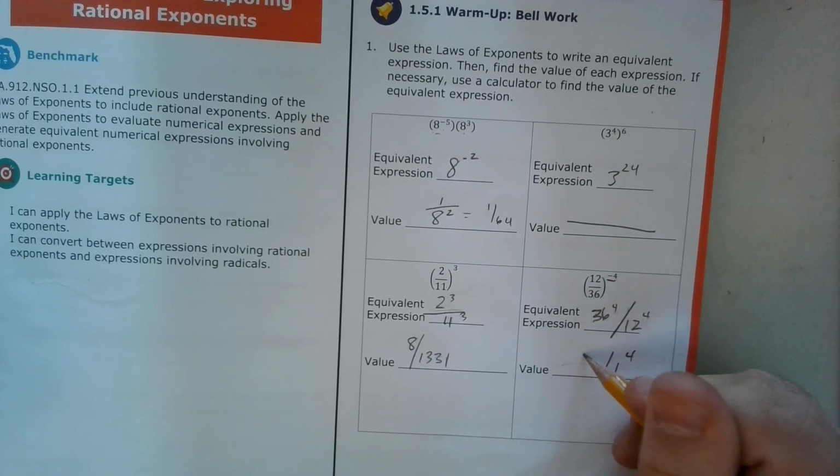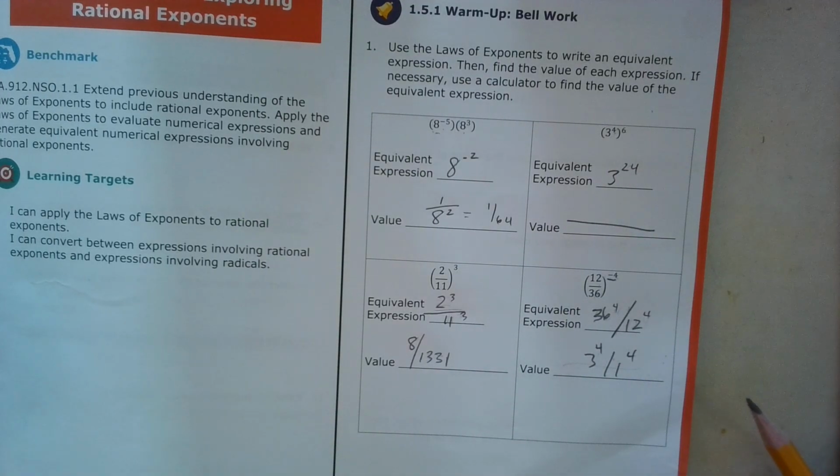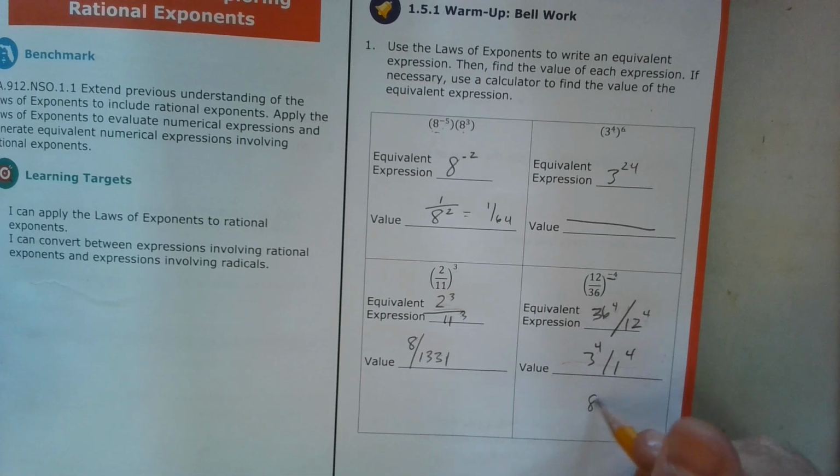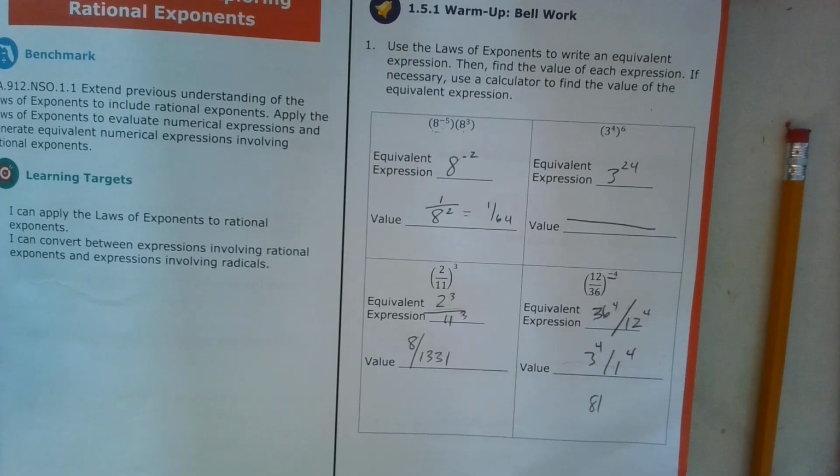It goes into 36 three times. So you'd end up with basically 3 over 1. 1 to the 4th power is 1. 3 to the 4th power, so 3 times 3 is 9, times 3 is 27, times 3 is 81. So you'd end up with 81 after all that. Forgot to tell you guys in class earlier to reduce down.